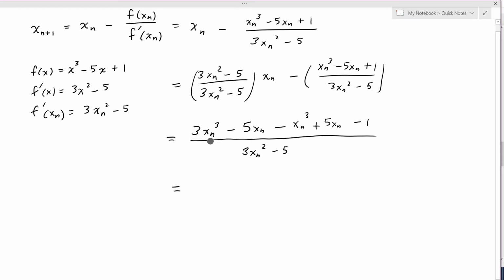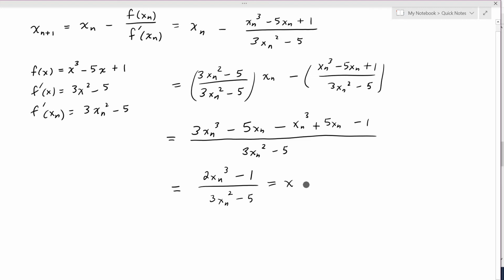Then we can just combine like terms. 3x sub n cubed minus x sub n cubed is just 2x sub n cubed. The minus 5x sub n and the plus 5x sub n cancel out, which leaves us with this minus 1, all over that common denominator.